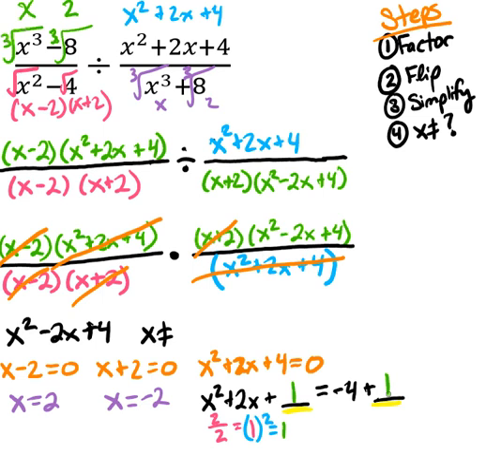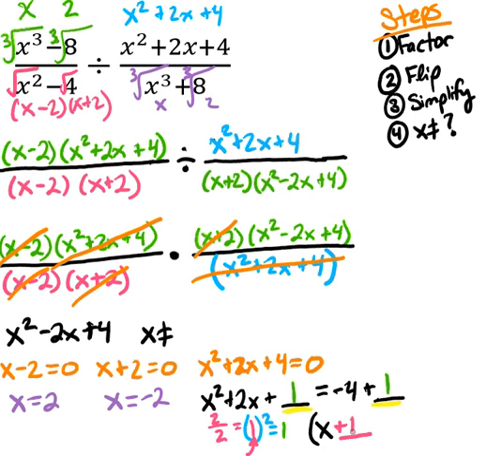Now because we're doing what's called completing the square, we're going to take our x and put a plus or minus answer next to it. It's all about what this middle number right here was. That was a positive 1.